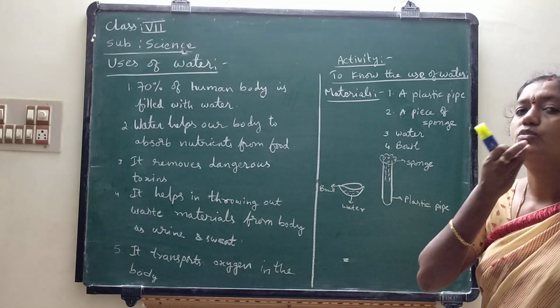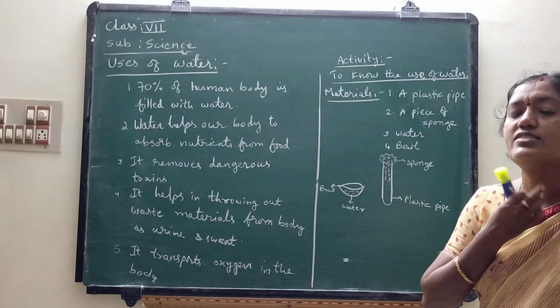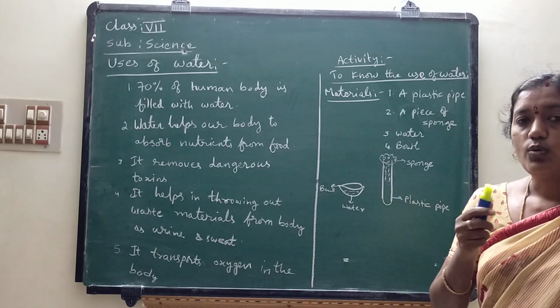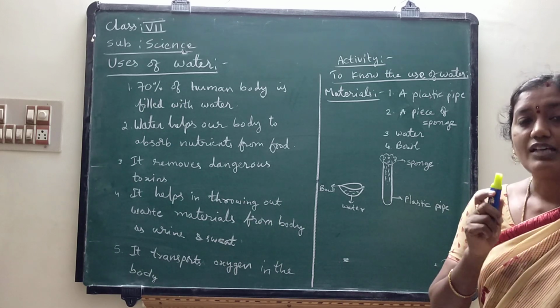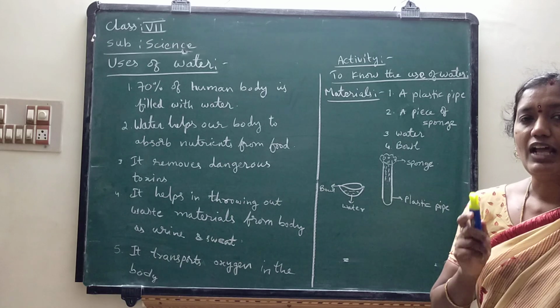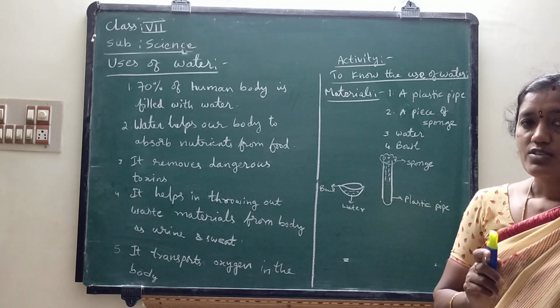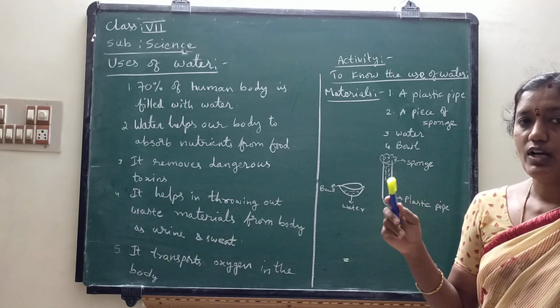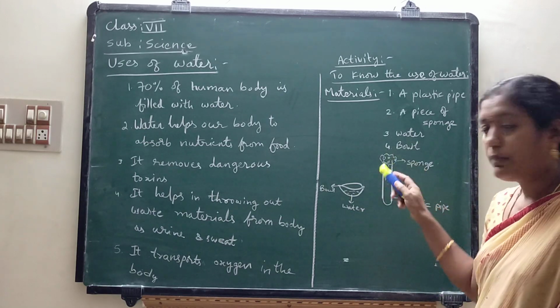Whenever this food goes into the esophagus, which is near your neck, it will go into your stomach with some difficulty. Why? Because you didn't drink water along with your food. In the second case, when we dip this sponge into the water, it goes into the pipe smoothly, children.